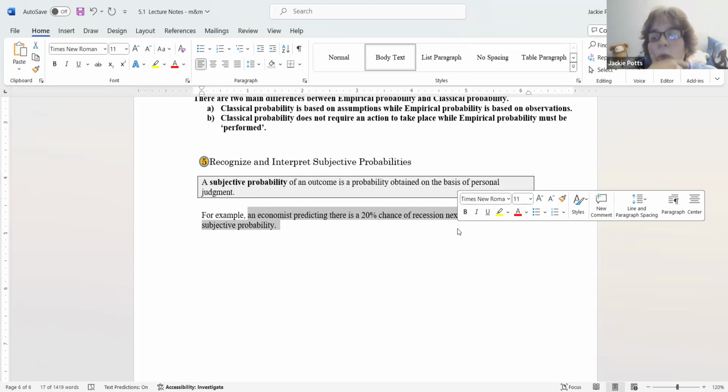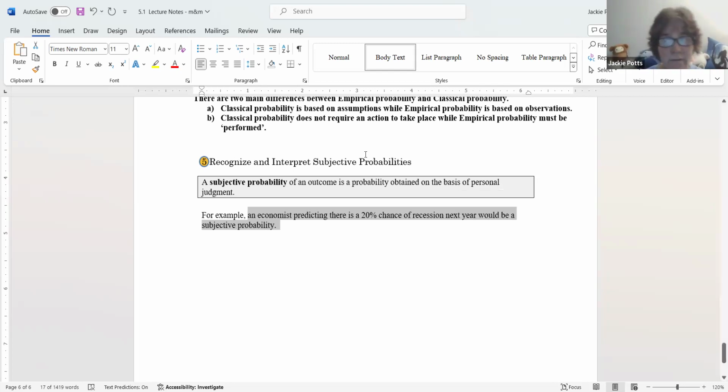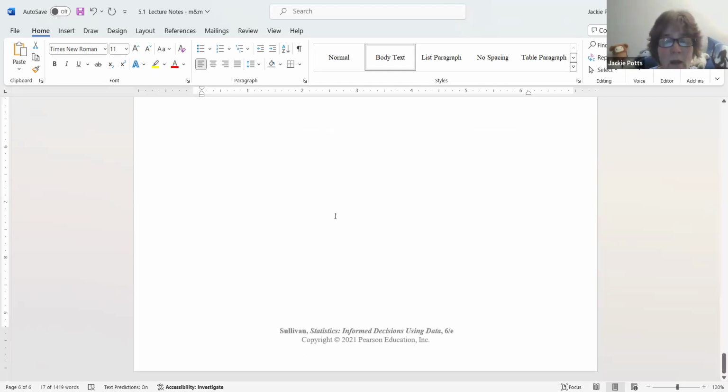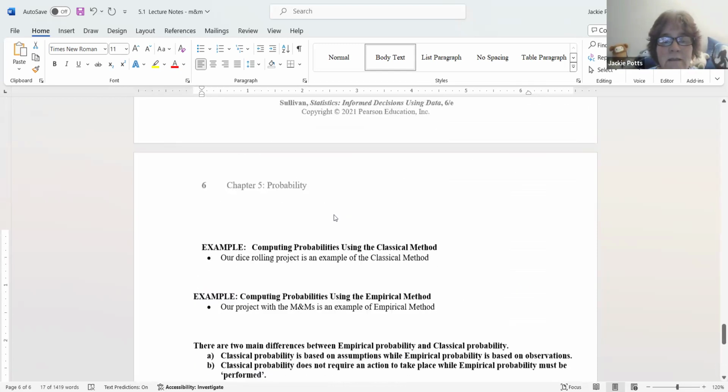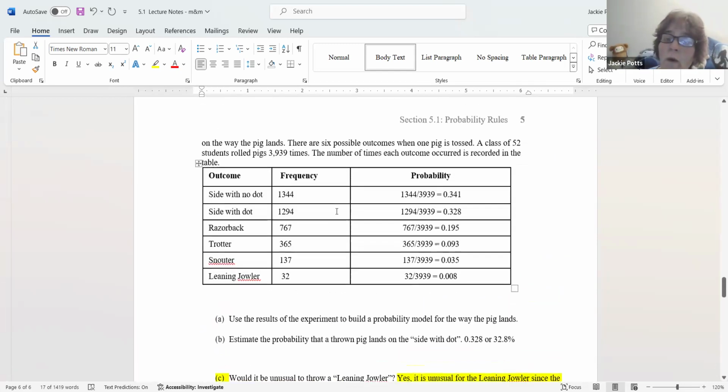All right, weather forecasters, that's subjective probability. Now you know why they're not always right. They're looking at the trends and, okay, according to this data and these models, it should be. Subjective.